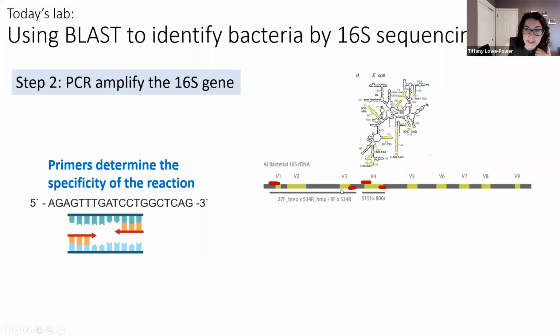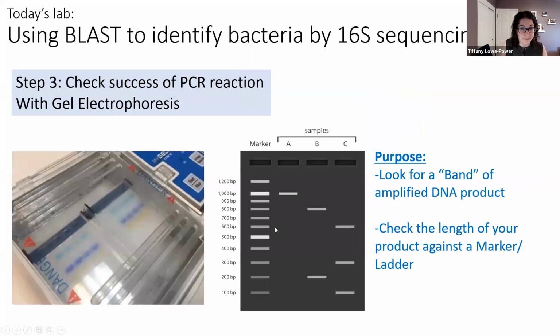They need to point towards each other from 5' to 3'. By putting those 2 primers into our PCR reaction, we should be able to amplify this 16S gene. There are multiple approaches that people have used for 16S DNA sequencing. If you Google, you might find primers that bind to this one. But you get to determine what primers you put into the reaction.